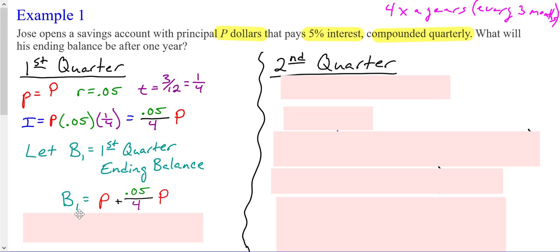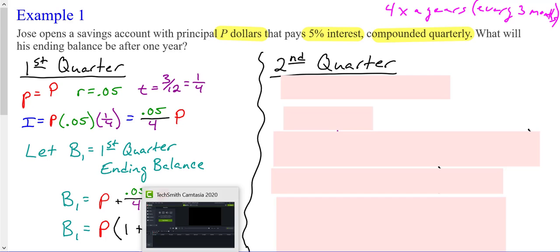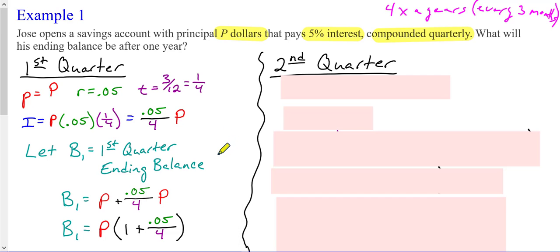So for B sub 1, our balance is going to be P plus 0.05 divided by 4 times P. Now, notice on both sides of the plus sign we have a P, which means we can use our distributive property to pull the P out and make it P times the sum 1 plus 0.05 divided by 4.